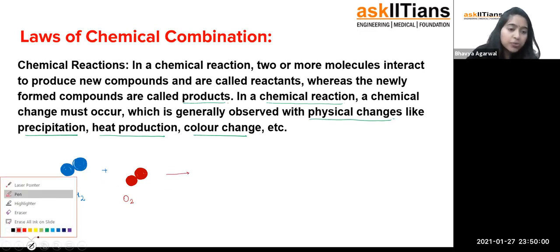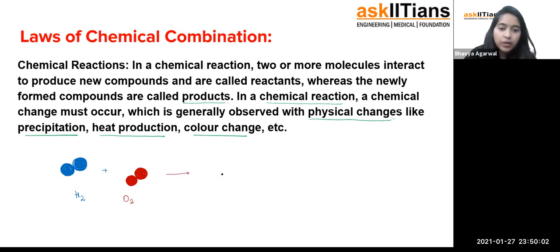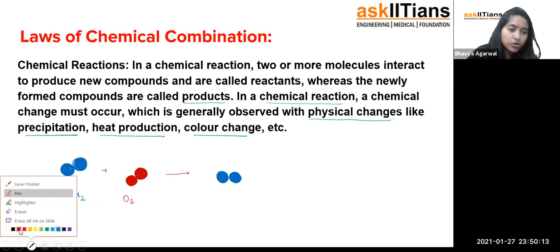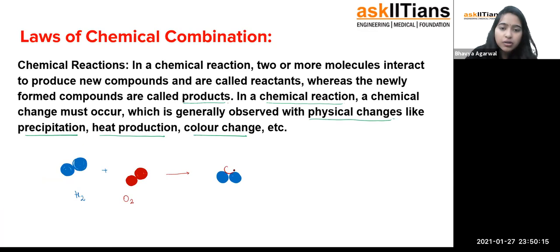And what does it produce? It produces water, in which there are two hydrogens and one oxygen. So completely different products are obtained.